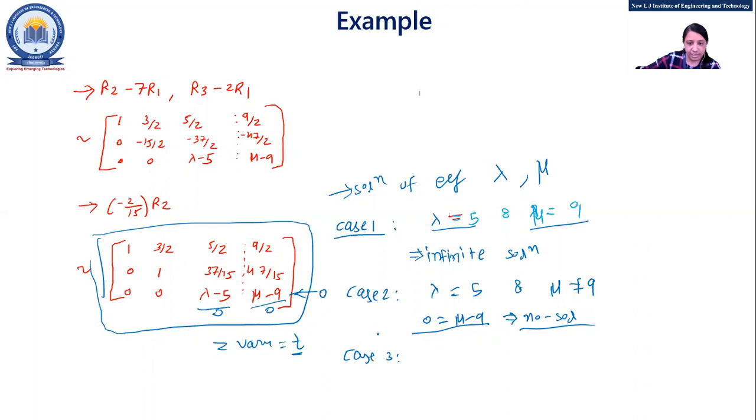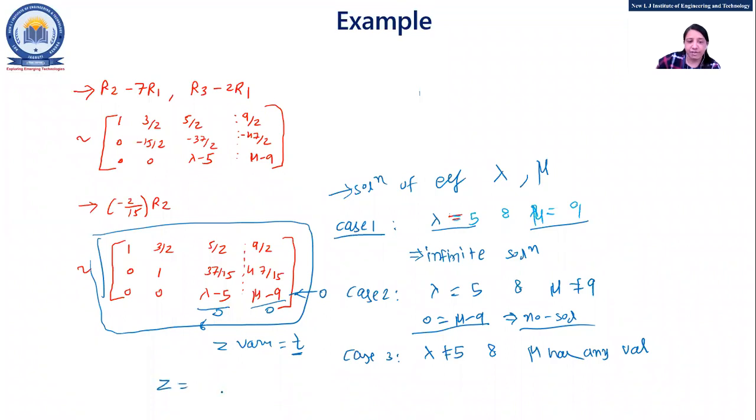Case 3: lambda not equal to 5 and mu has any value. Lambda is not 5, for example 6, so 6 minus 5 is 1.